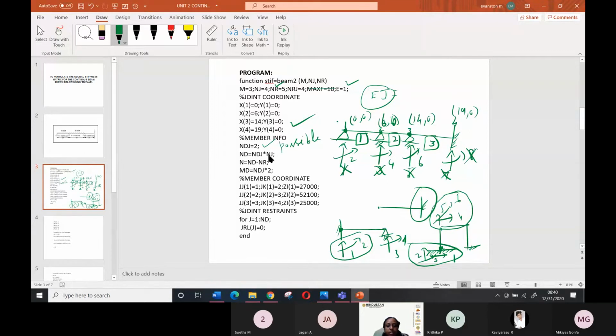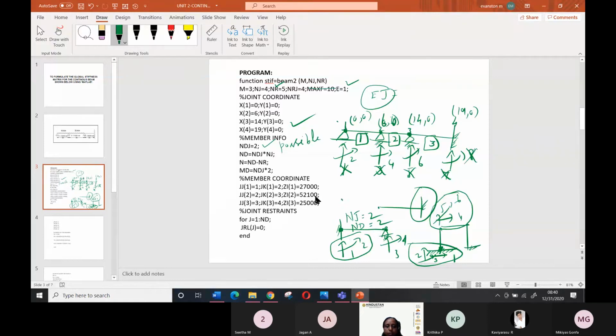Then the total degree of freedom is equal to the number of degrees of freedom for a joint into the number of joints. For example, this joint is having 2, this is having 2. So if you take this problem, the number of degrees of freedom for a joint is equal to 2. So what is the total degree of freedom? 4. 1, 2, 3, 4.